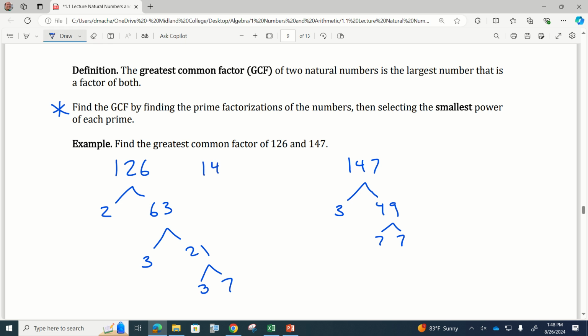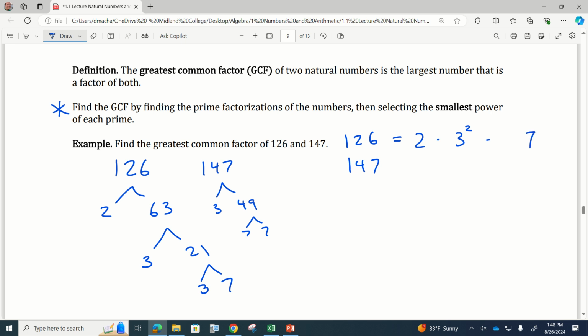I shouldn't have written it. I'm taking up the whole screen. This is going to be 2 times 3 squared times 7. And this is going to be 3 times 7 squared.